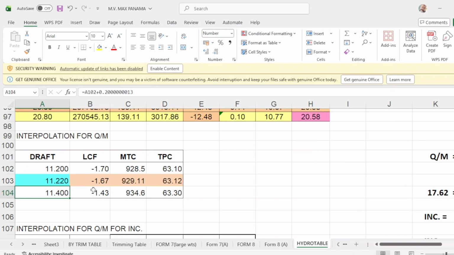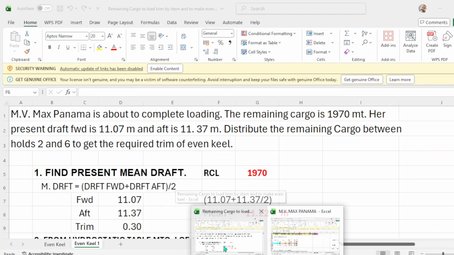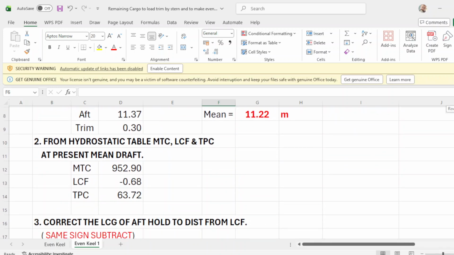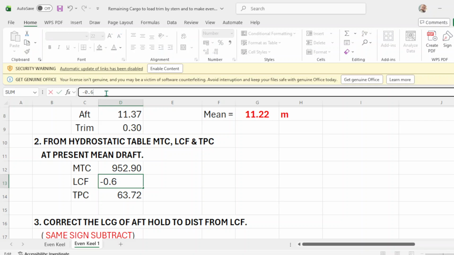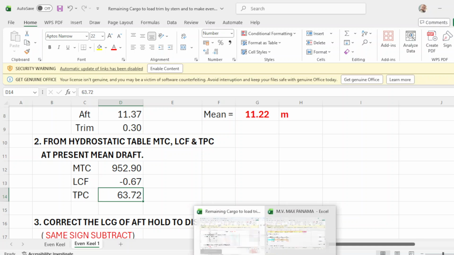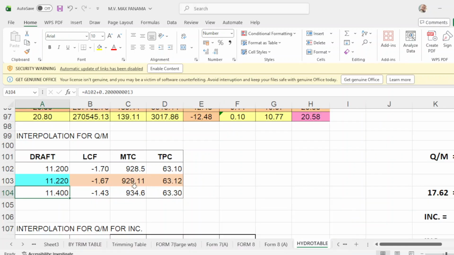LCF is negative 1.67, so we put this here, 1.67. And MTC is 929.11.